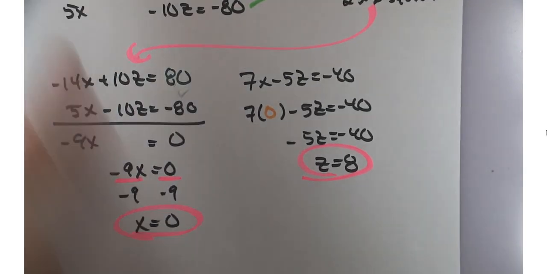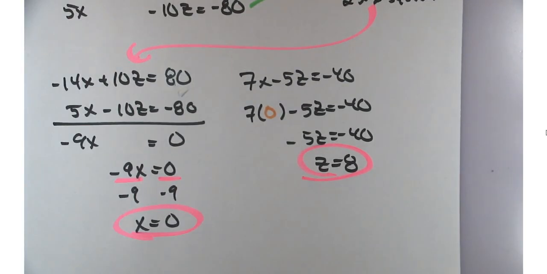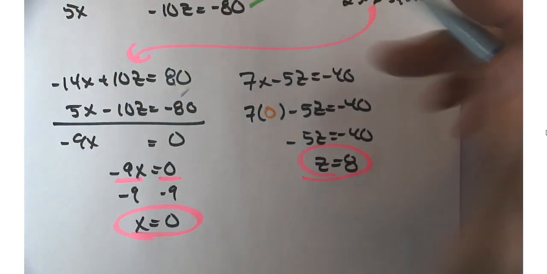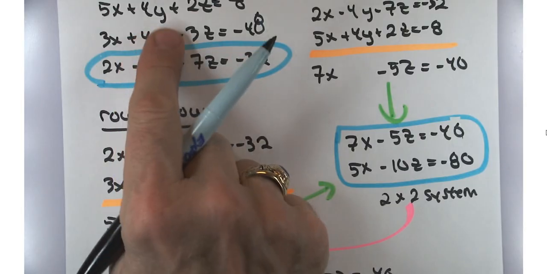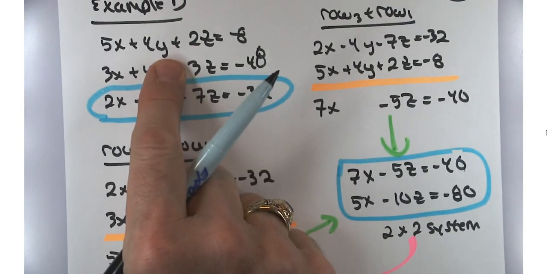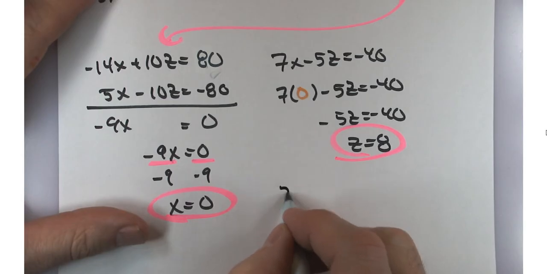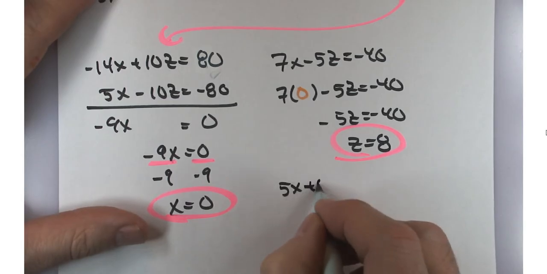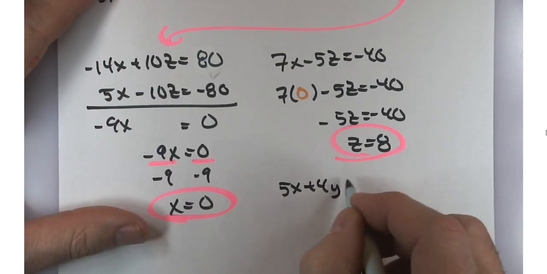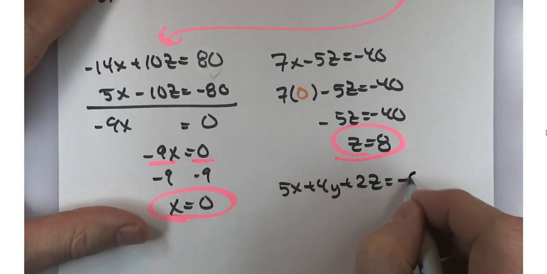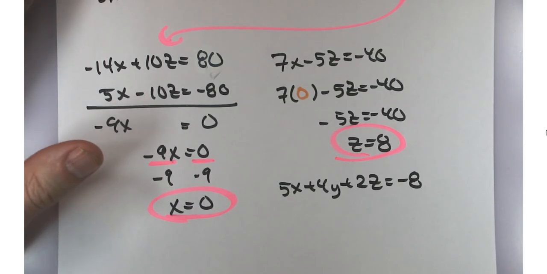Last one to solve would be, let's go up to the top equation. Why not? Everything's all positive up there except the right-hand side. Does it really matter which equation I choose from the original 3? No. Good job. You could solve for y in any of those 3 equations.